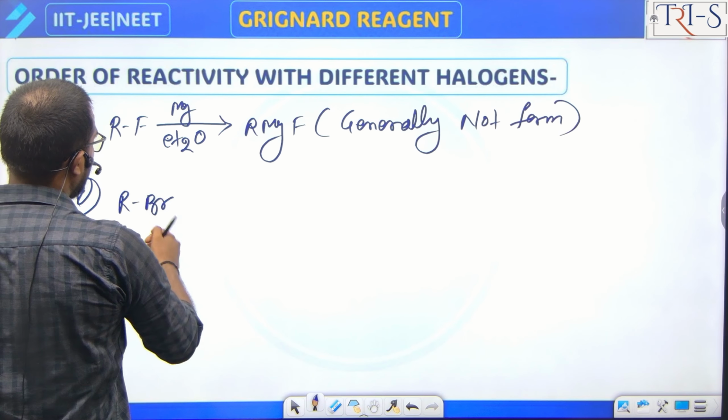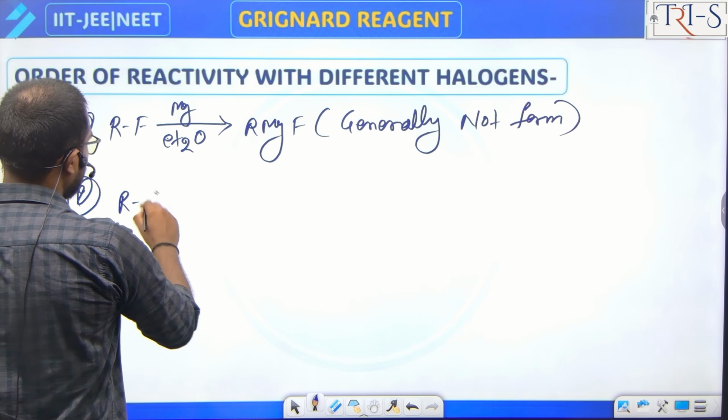RBr or RCl, any other halogen except fluorine, can form Grignard reagent, that is RMgCl and RMgBr.